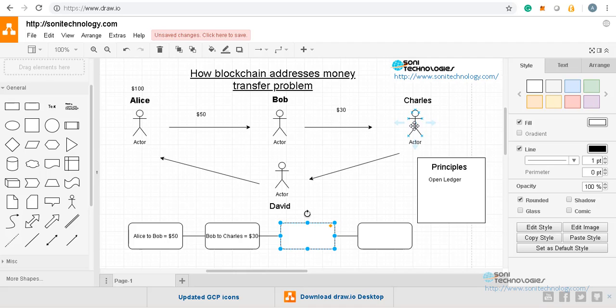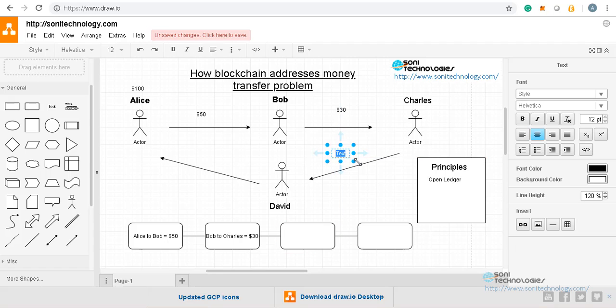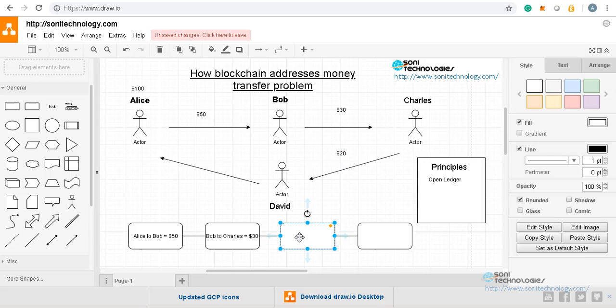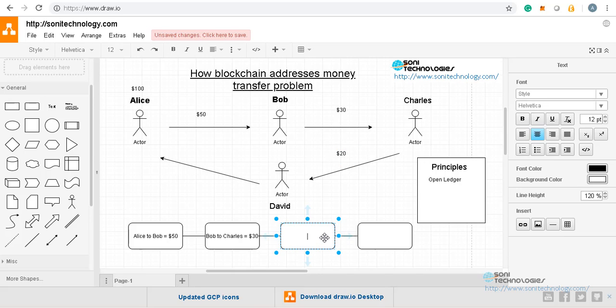So Charles, let's say, tries to create a transaction to David, and the transaction amount is, let's say, $20. So here in the open ledger it will also get recorded: Charles to David $20.